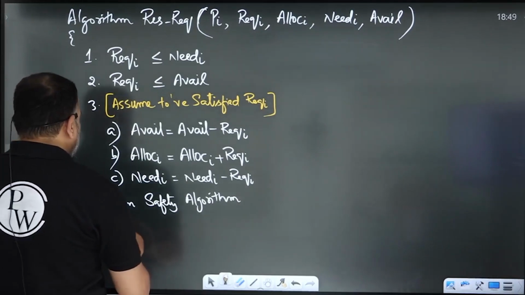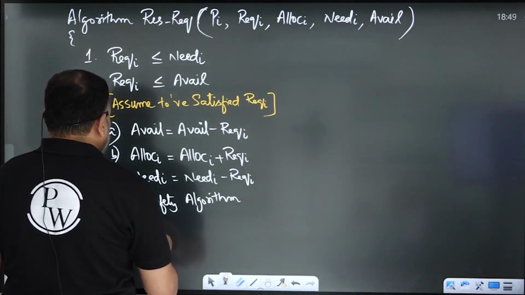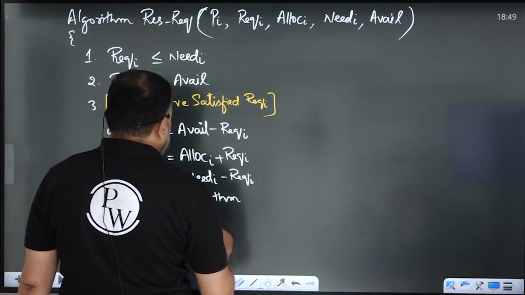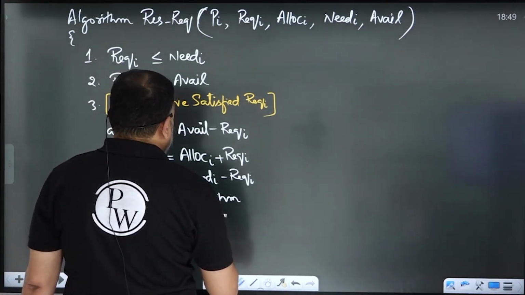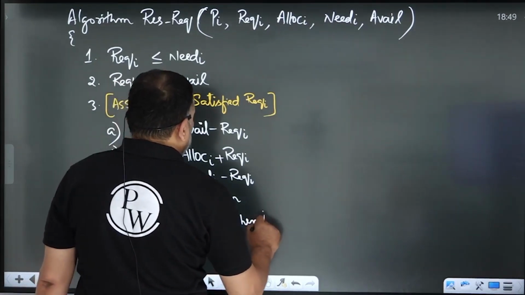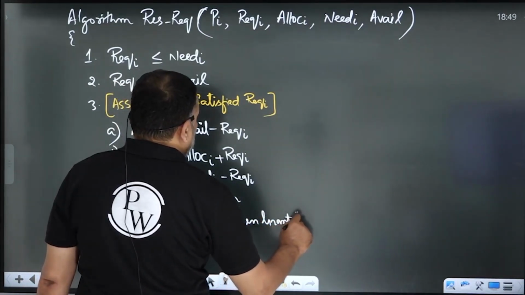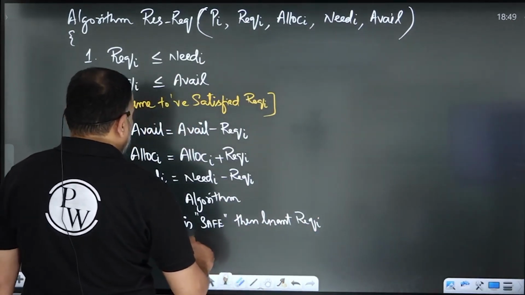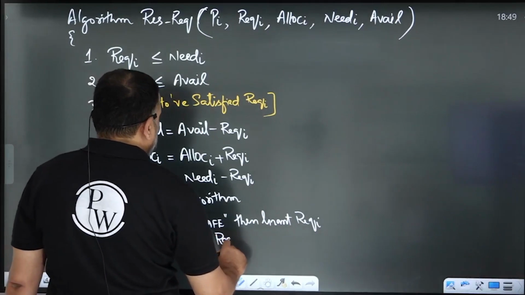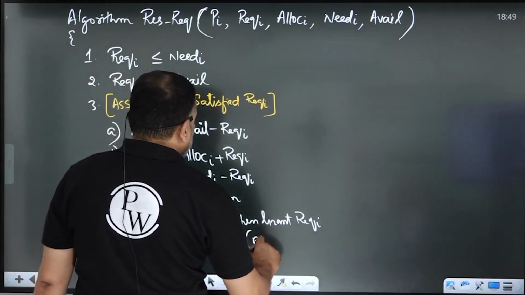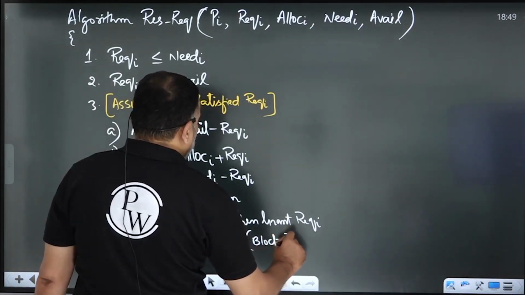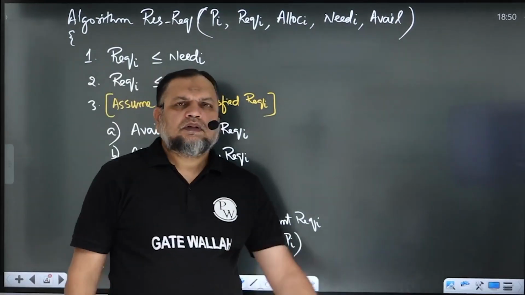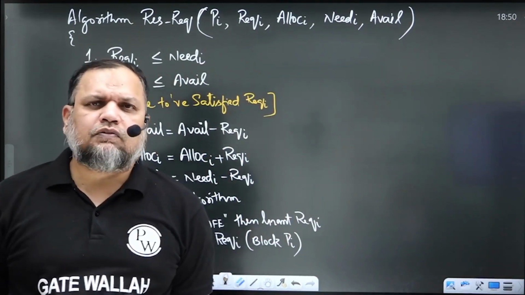Now if the resulting system is safe, then grant request I, else deny request I and block process I. Process gets blocked, saying sorry sir, I cannot satisfy. This is a simple core logic of the resource request algorithm.